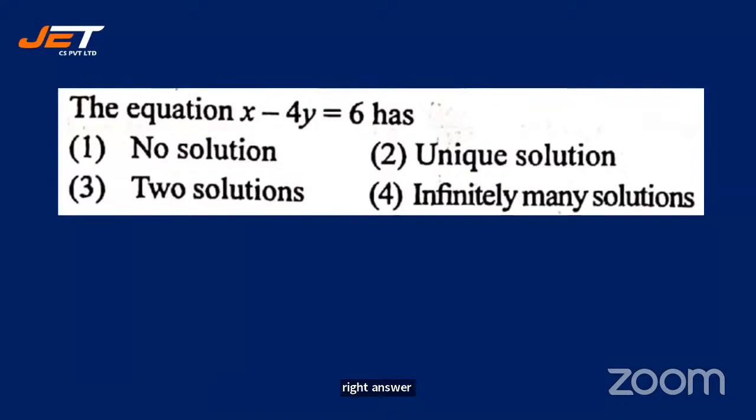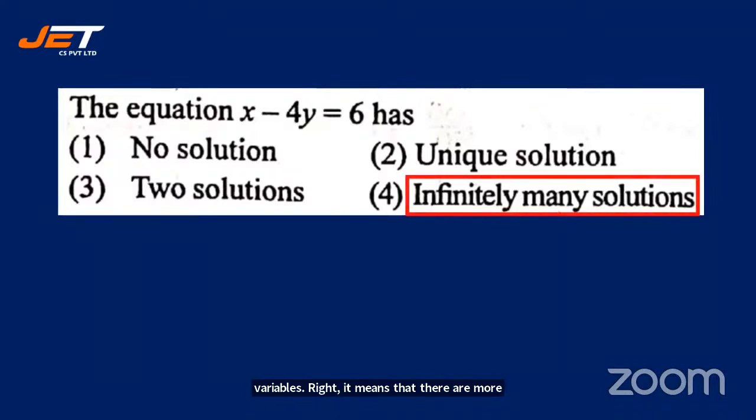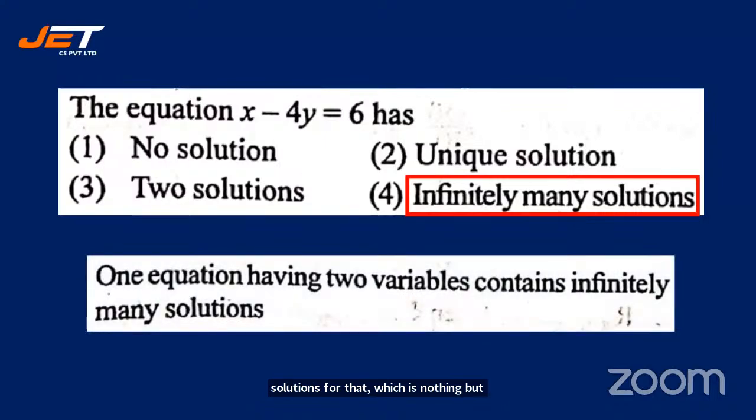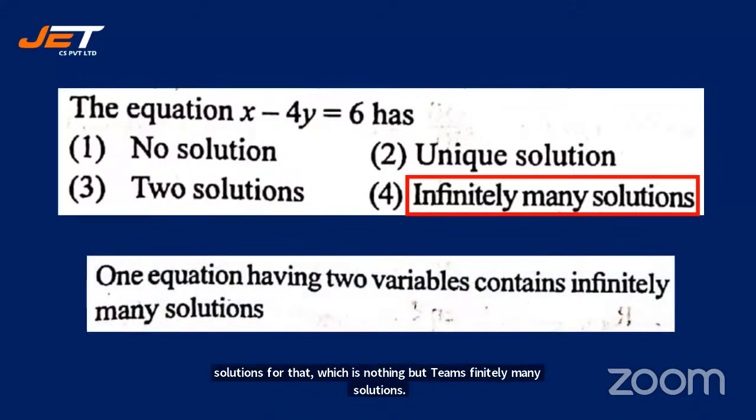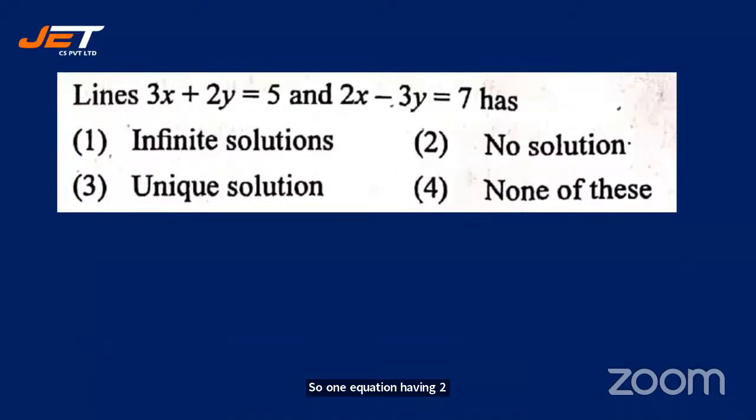Just a clue: in one equation, if there are two variables, there are more solutions, which is nothing but infinitely many solutions. So one equation having two variables contains infinitely many solutions. See the next question.